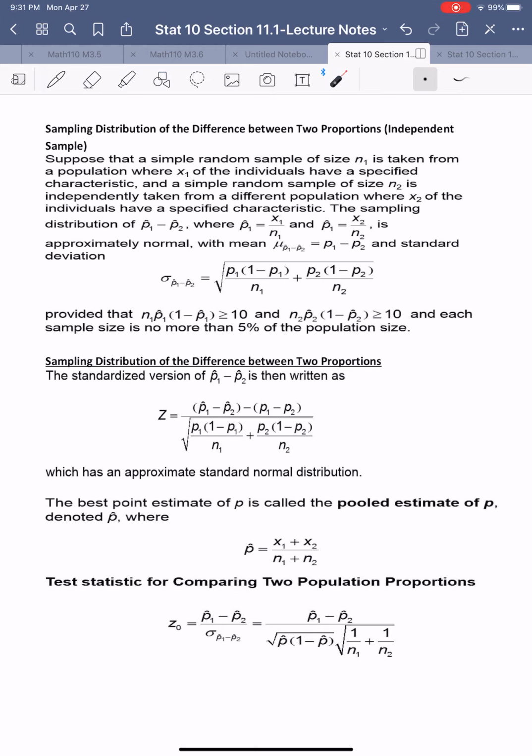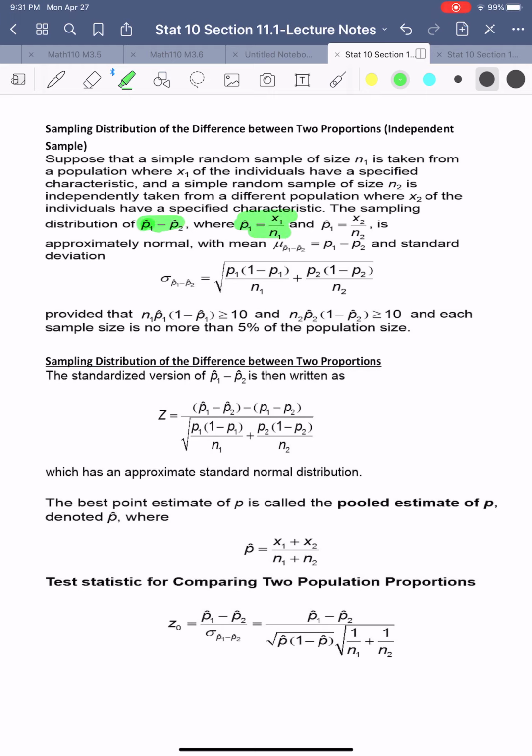The sampling statistic is p1 hat minus p2 hat, where p1 hat is x1 over n1, and p2 hat is x2 over n2. So this is what we need to remember, okay?